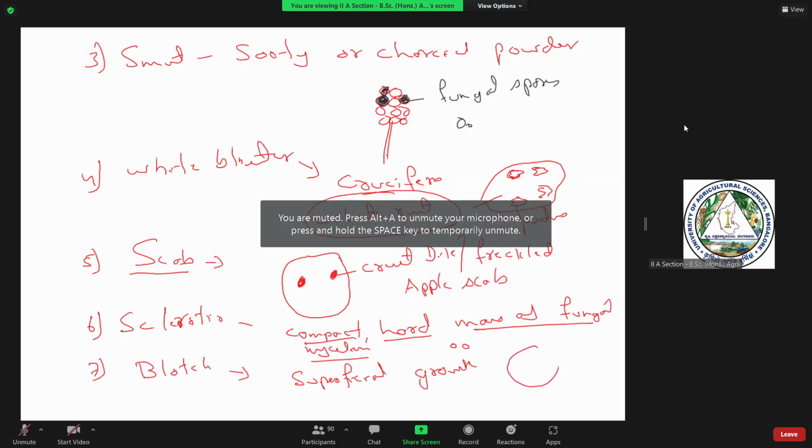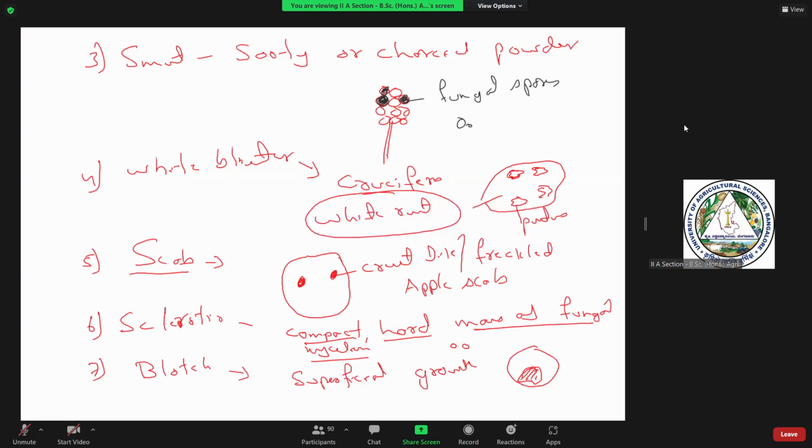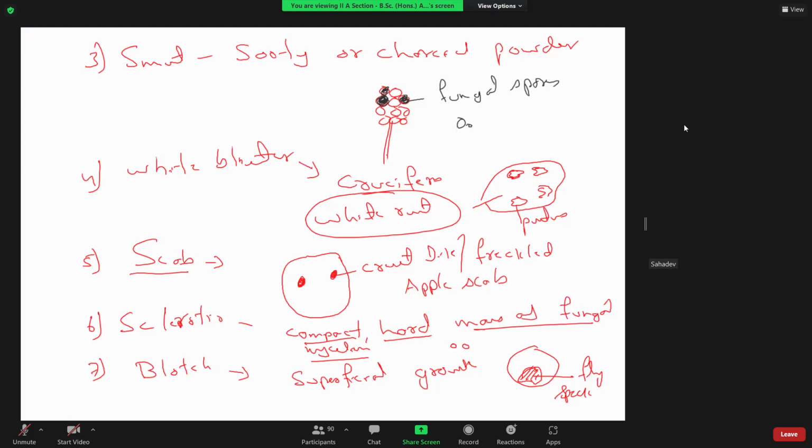If you take a fruit, you'll see a symptom which basically has a blotchy appearance, like a sooty blotch or a fly speck, a fly speck in the case of apple. So we can say that there is a blotch on a particular fruit. We can define it like that.